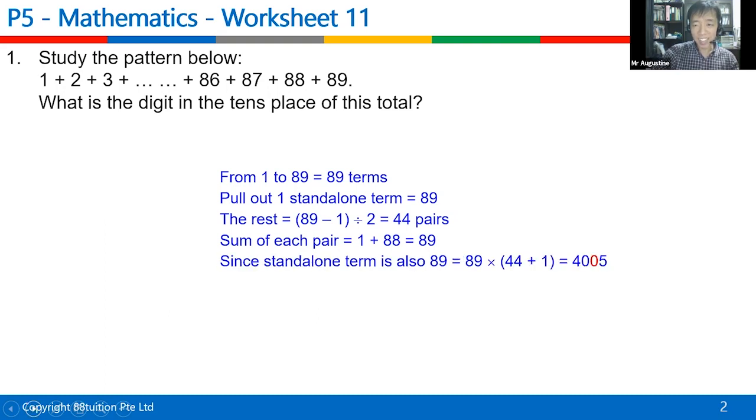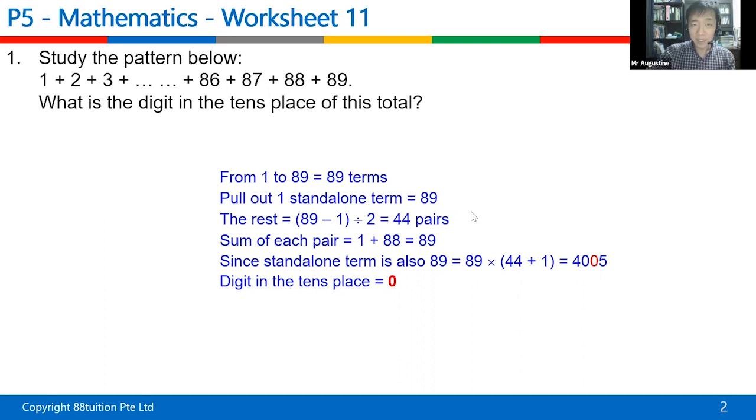So the tens place will be a 0 when you work that out. Altogether there are 45 of them. To be precise, it's only 44 pairs, but because the last number, 89, is by itself, we have a total of 45. So 45 times 89 or 89 times 45 will give you the answer.